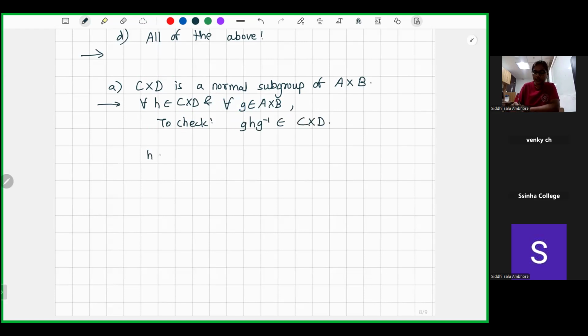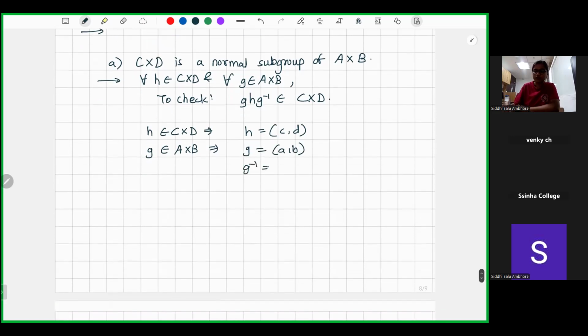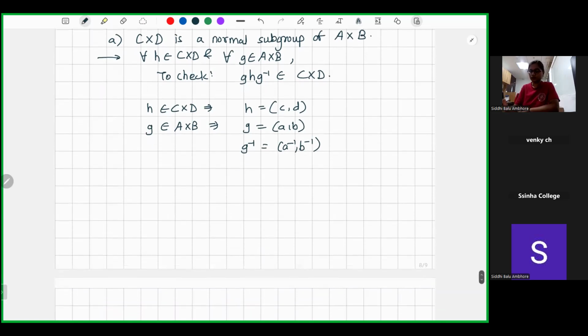If I take any H in C cross D, it is of the form H equals (c, d). And if I take any G in A cross B, it is some (a, b). Then G inverse, by definition of this product, is (a inverse, b inverse). I hope you all know this; that's how it works in products of groups.